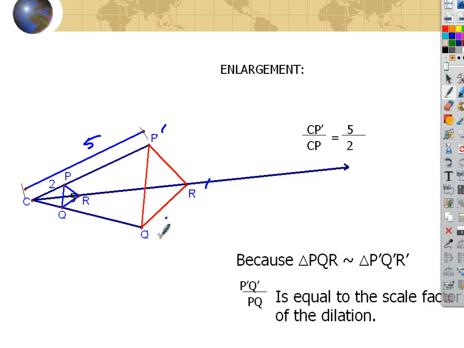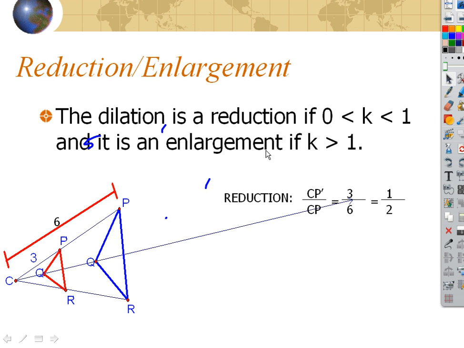Now, maybe I kind of breezed over this a little fast, but from this previous slide, does it make sense to you that in order to get a dilation that's a reduction, we're going to be multiplying the original distances by a fraction that's less than 1, aren't we, to make them smaller? Like we had 1/2, I think, in this case. We multiplied the original distances by 1/2 to get the final distances, making them half as big, smaller.